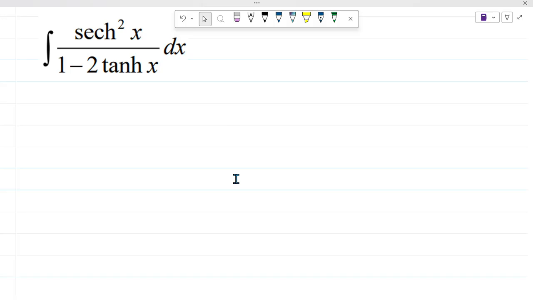Okay, now we've got this fraction: the integral of hyperbolic sec squared of x divided by 1 minus 2 hyperbolic tan of x dx. So we can see that definitely there was nothing that was ever differentiated for us to get this complicated fraction.